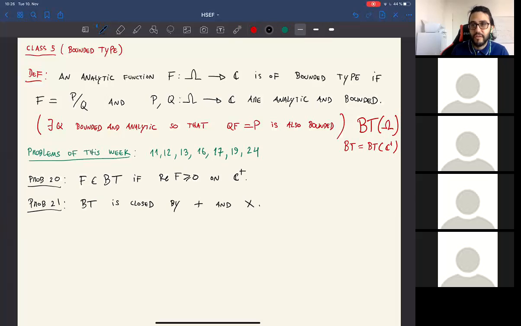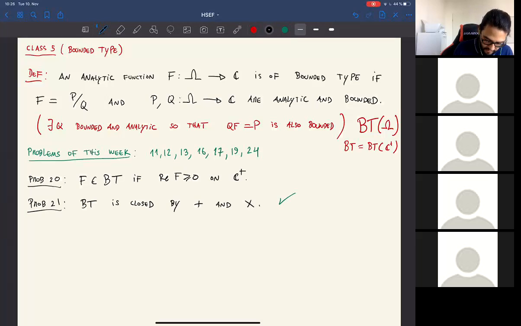If you take a product, still bounded type. And why is that true? Well, if you think about it, it's simple. Like if you add two fractions, then you write this as just one fraction, and you see that the numerator and denominator are both bounded functions. And the same for the product, which is even more simple. So this one is almost obvious.